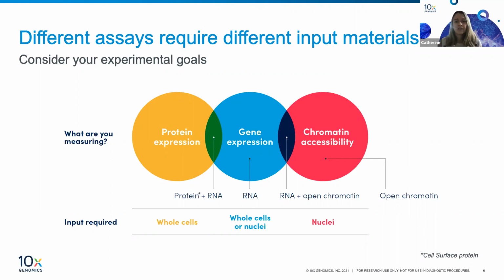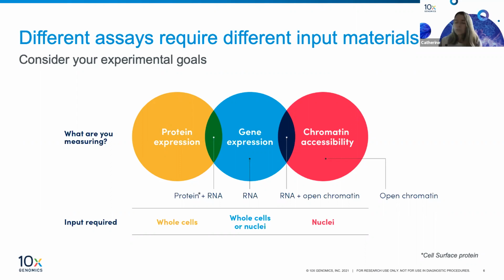If you are looking just at gene expression and the RNA content in your cell, then you have the choice between using whole cells or nuclei as an input, and that decision we'll talk about more today in this presentation. And if you're looking to do any of our epigenomic assays, where you're looking at open chromatin and chromatin structure, then nuclei are absolutely your required input.